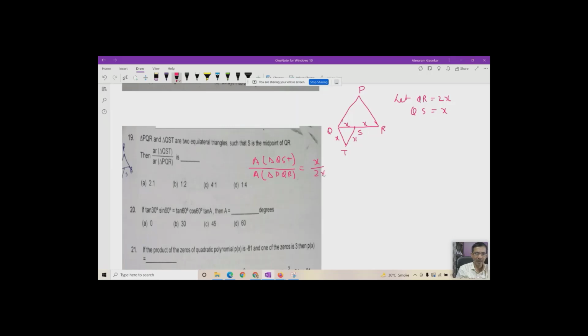This is 2x, and it is whole square. So this x and x will cancel, and this will be 1 upon 2 the whole square. That will work out as 1 upon 4. Therefore, ratio is 1:4. And the correct answer is D.